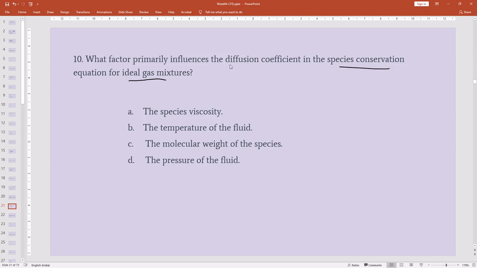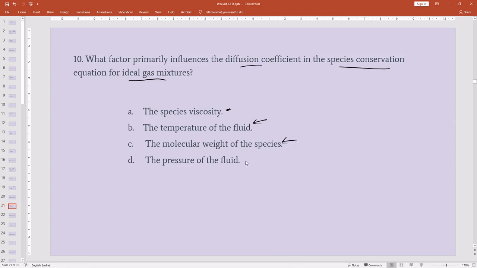Viscosity doesn't matter much for ideal gases. And temperature, yes, temperature indeed has influence on ideal gases, but it does not have much influence on the diffusion coefficient. Our answer is the molecular weight of the species.